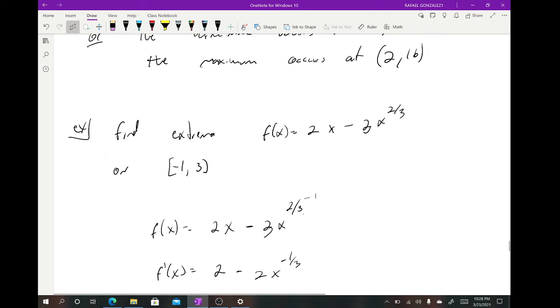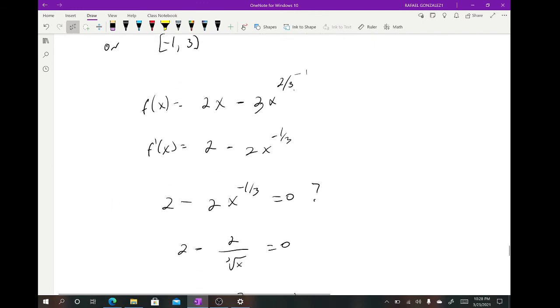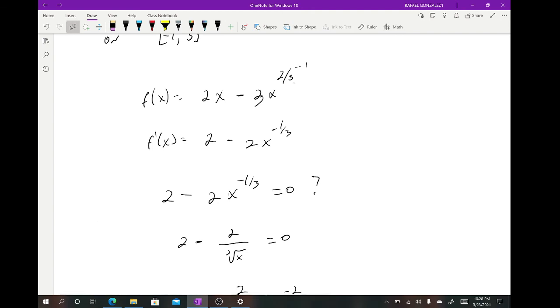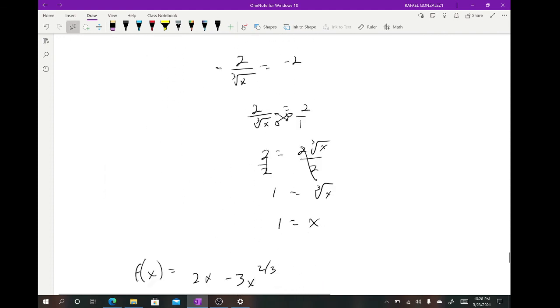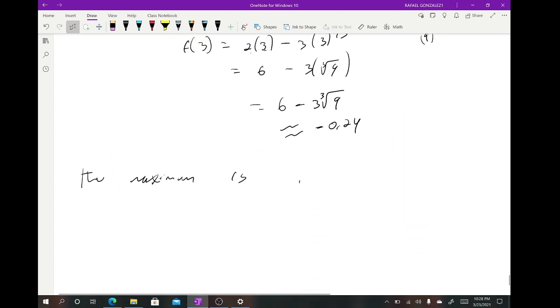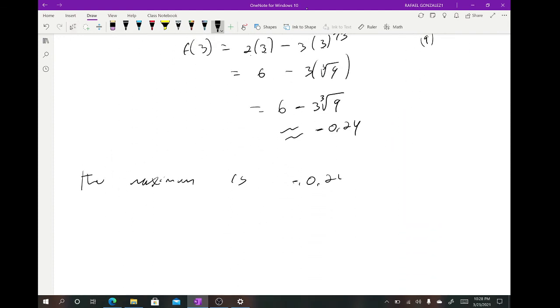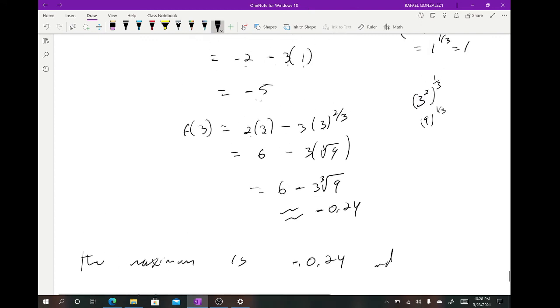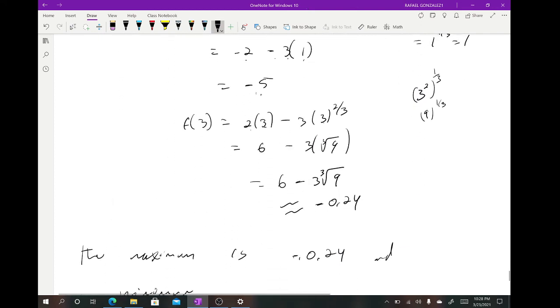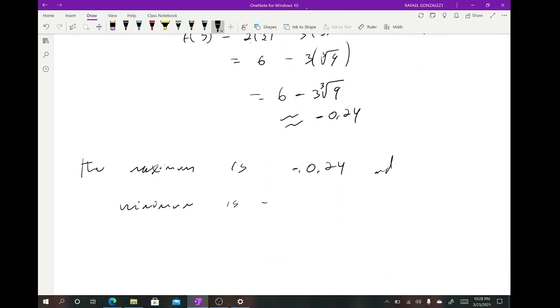Let me just check the derivative. Yeah. Right, so we will say that the maximum is negative 0.24 and the minimum is the lowest value, and the minimum happens to be negative 5. Okay?